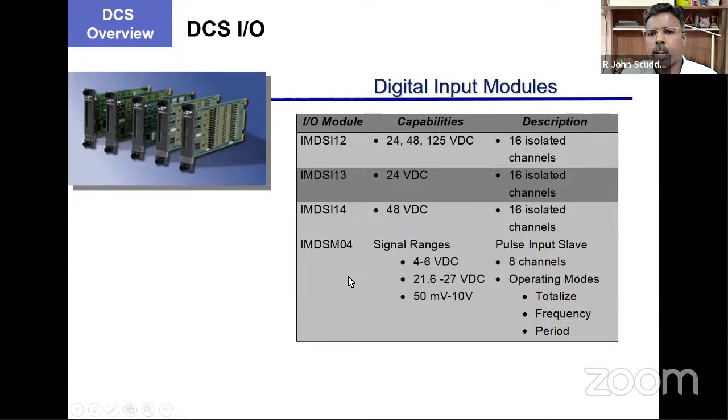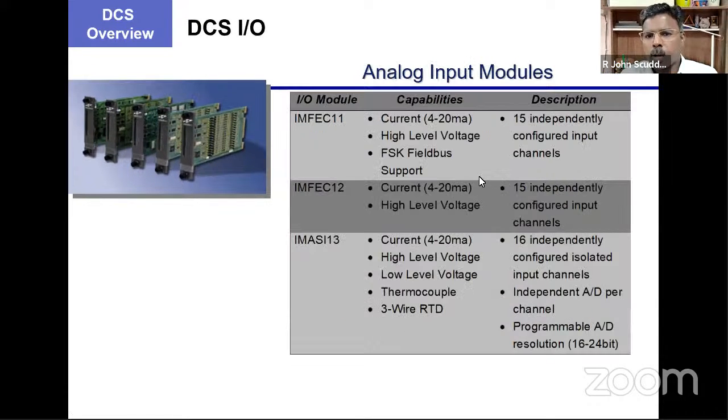Imagine it is an analog input module. There are 15 channels, as I have explained here. In 15 channels, you are able to connect at least 15 pressure transmitters, or a combination of pressure transmitters and flow transmitters, or any other transmitters in the field. Each of the transmitters gives a 4 to 20 milliampere signal. So at least 15 parameters you are able to access through one card.